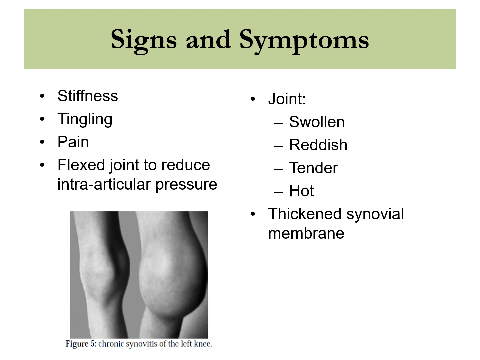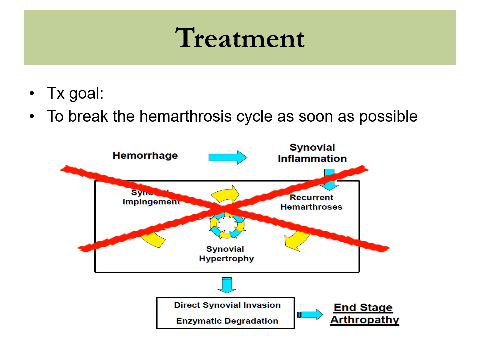The signs and symptoms are stiffness, tingling, pain, and flexing the joint to reduce intra-articular pressure. The joint will look swollen, reddish, tender, as well as hot, and the synovial membrane will thicken. So the treatment goal is to break the hemarthrosis cycle as soon as possible.